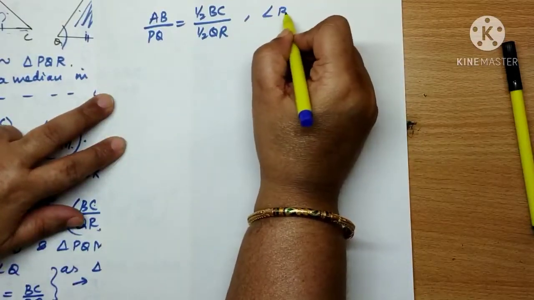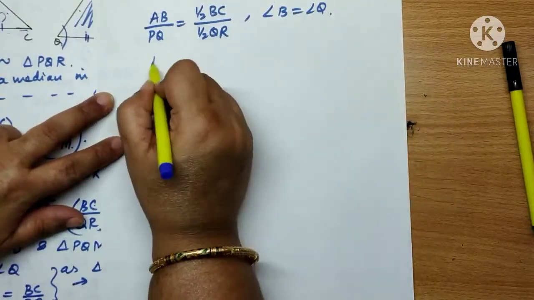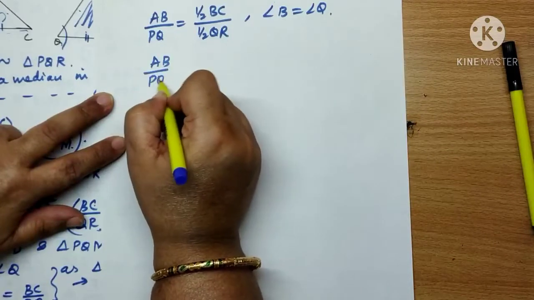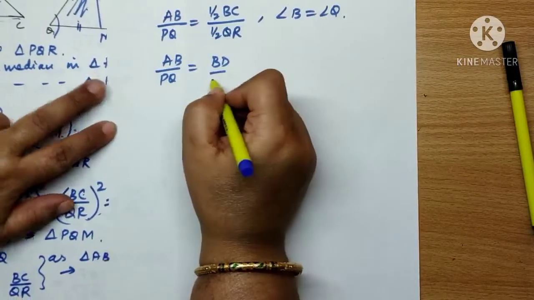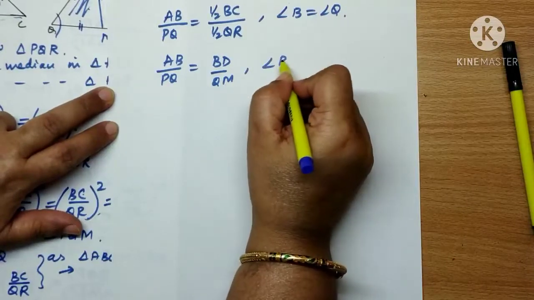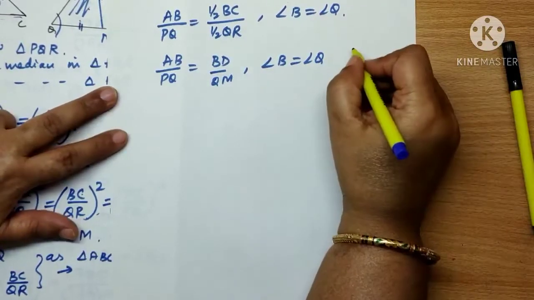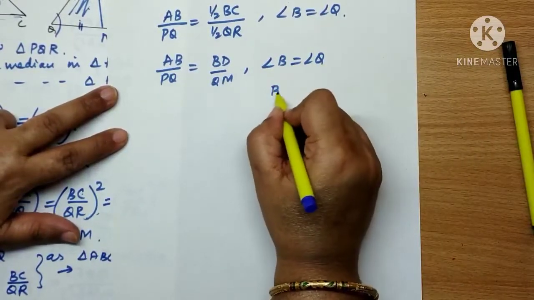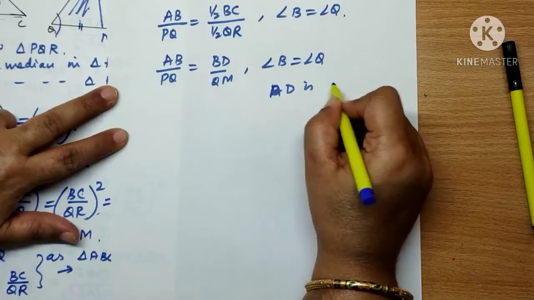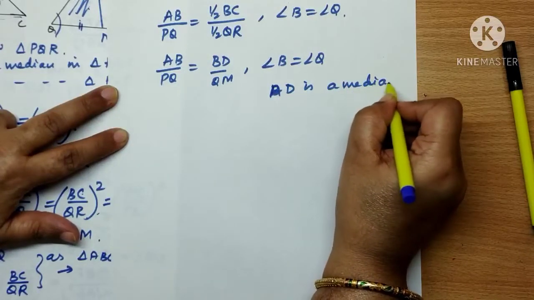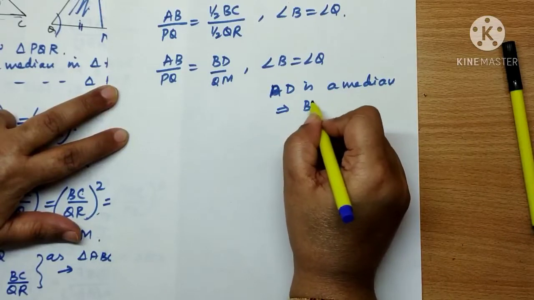So we have these two sides and this angle. AB by PQ is equal to BD and this half is QM, angle B equal to Q. Write the reason. AD is a median, implies BD is half of BC.